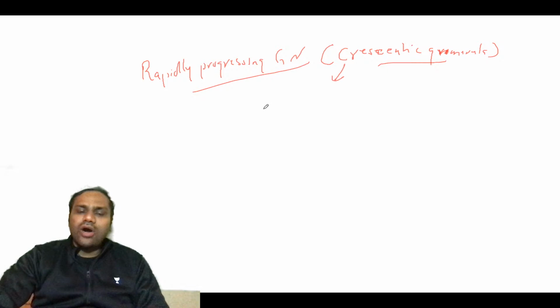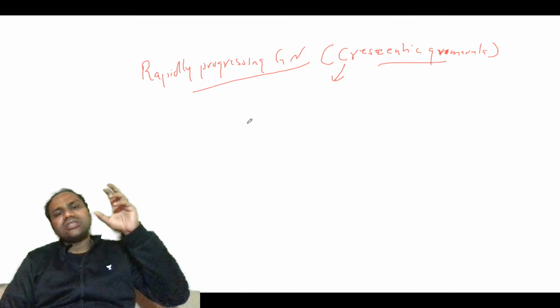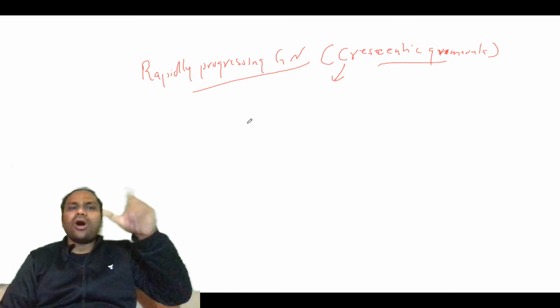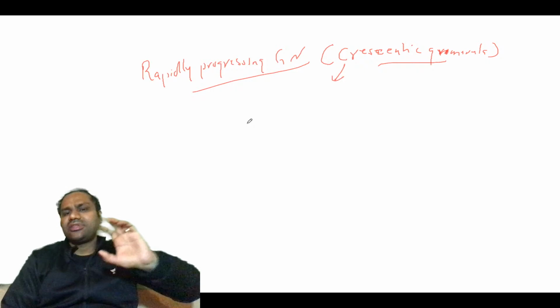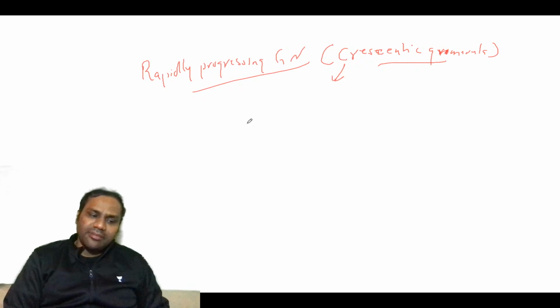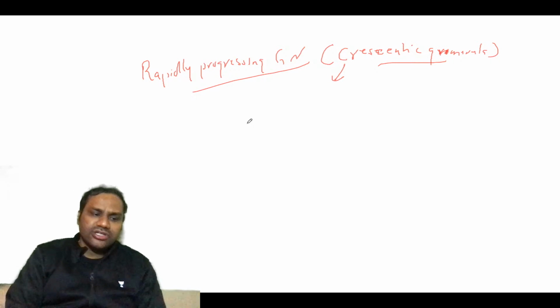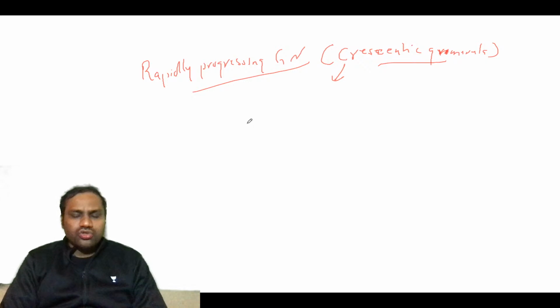By now what you need to know about the crescent is that crescents are nothing but at least two cell layers between the parietal epithelium or Bowman's capsule and the visceral epithelium, the glomerular basement membrane.